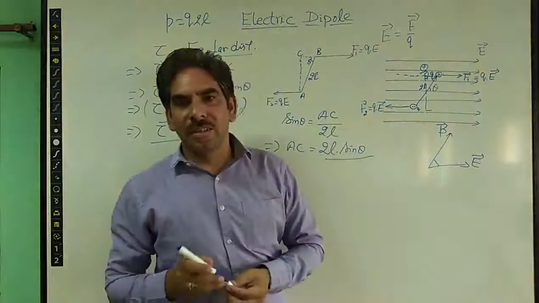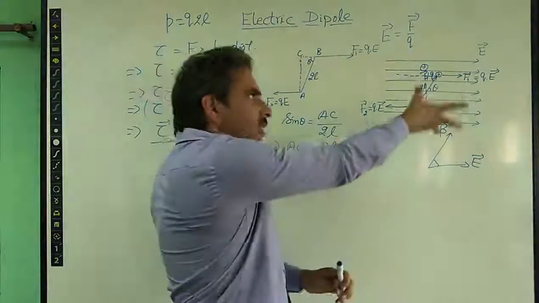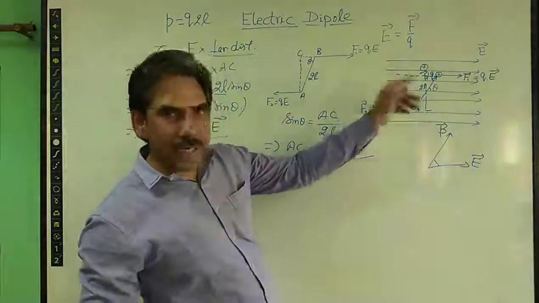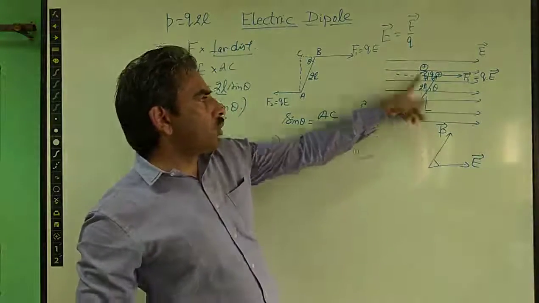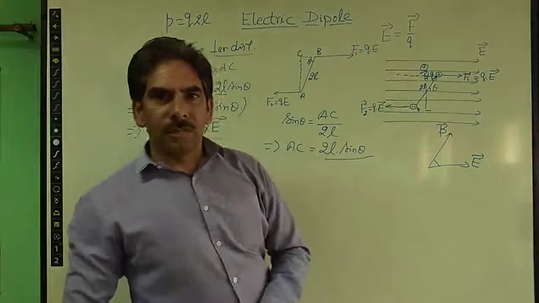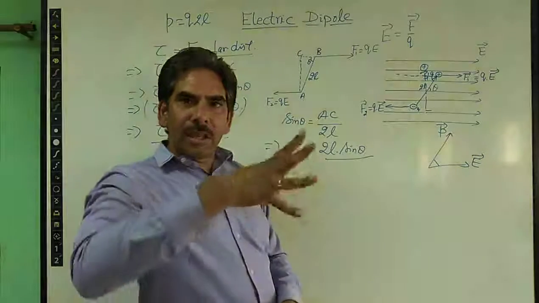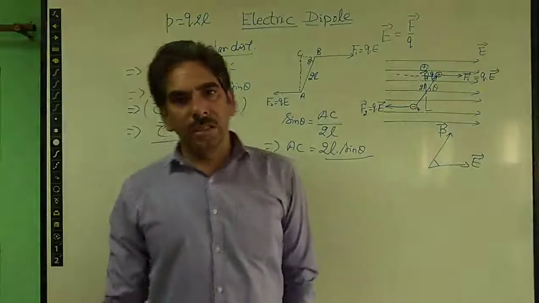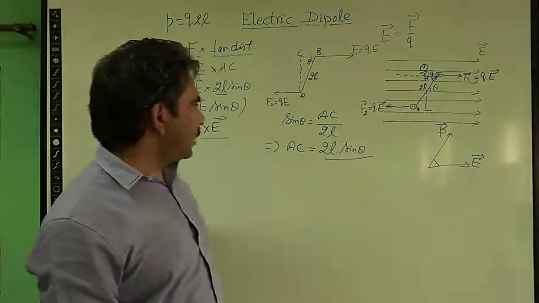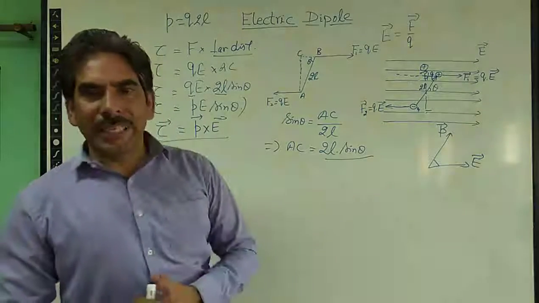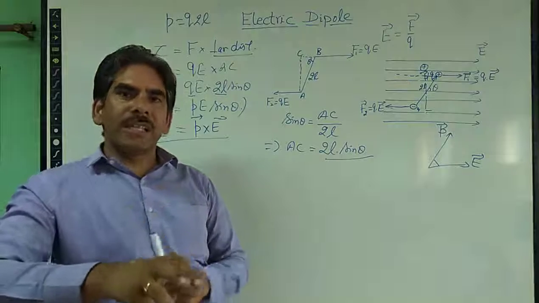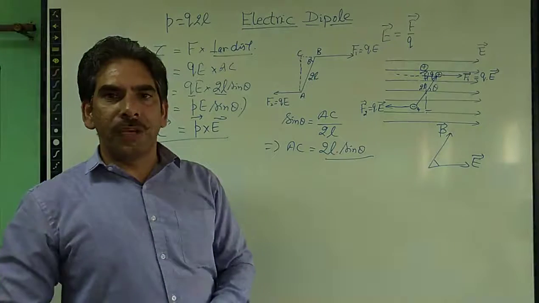Whenever work is done against some force or torque, it gives rise to electric potential energy stored in the dipole. If we release the dipole in this situation, it will come back to its original state. That is the origin of the potential energy stored in the dipole whenever it is rotated against the torque exerted by the uniform electric field.